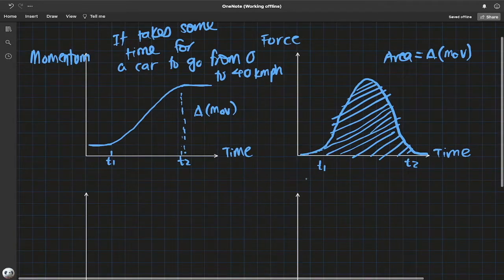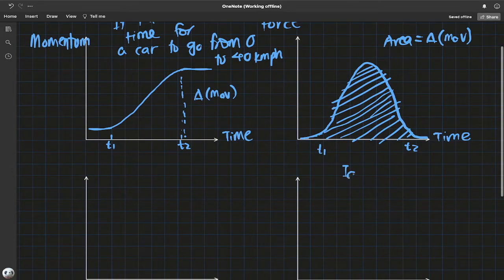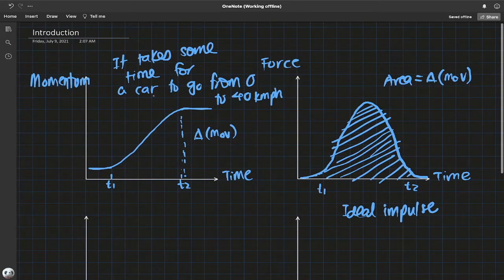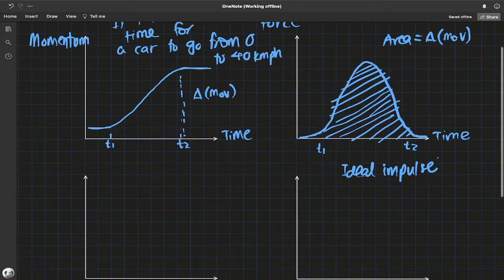So for the case of an ideal impulse, you see this time period of change, t1 to t2, which I claimed is always finite for real world situations. Well, we're going to let that time period go to 0 for an ideal impulse.